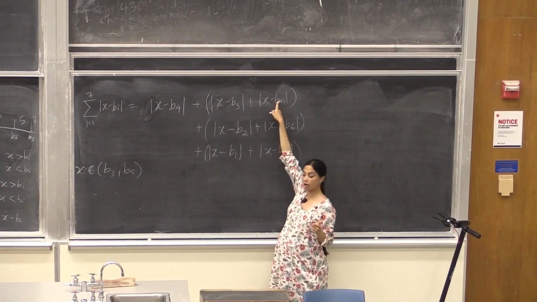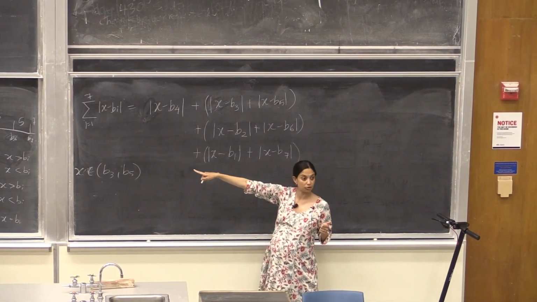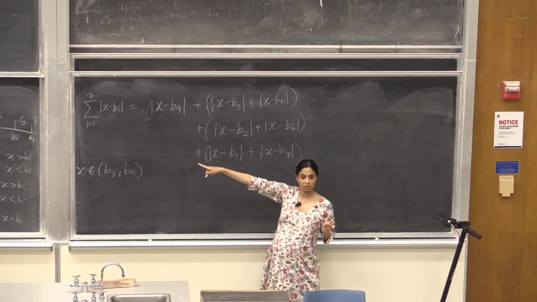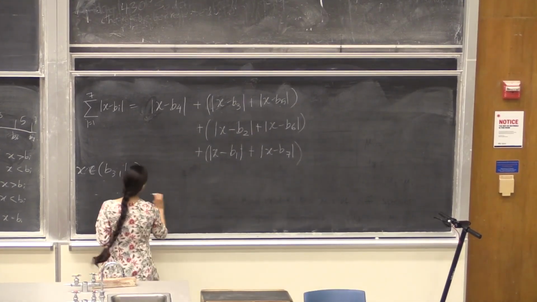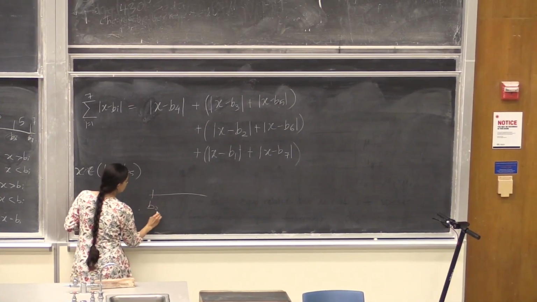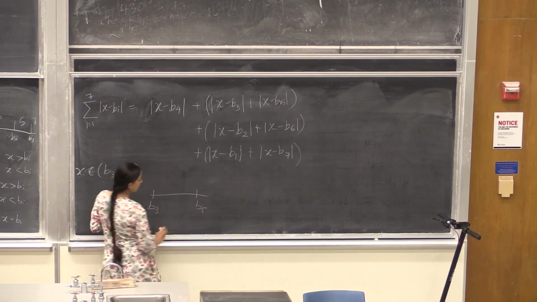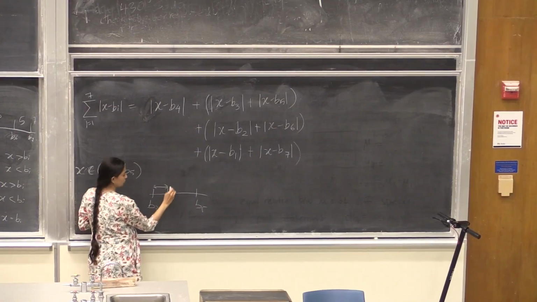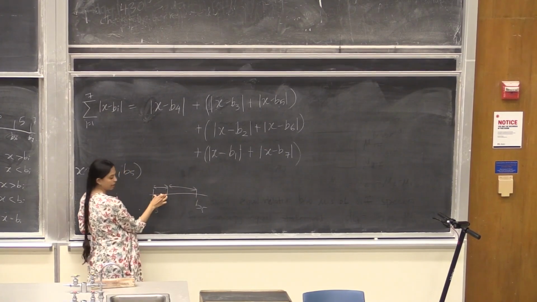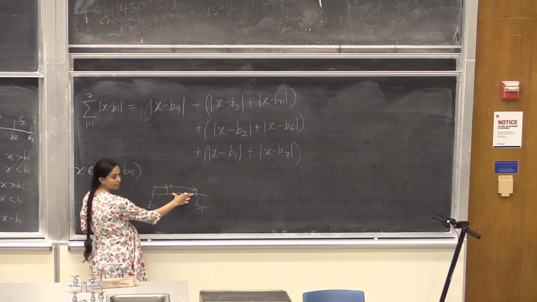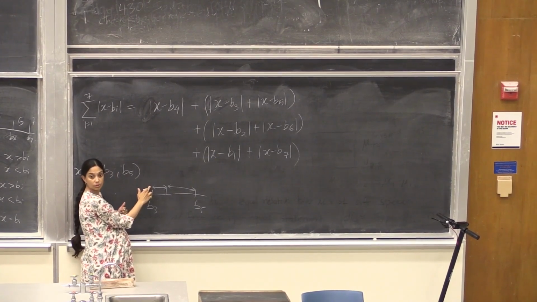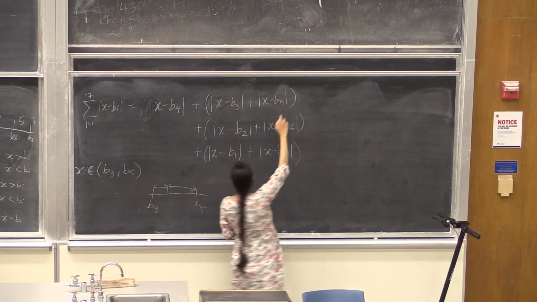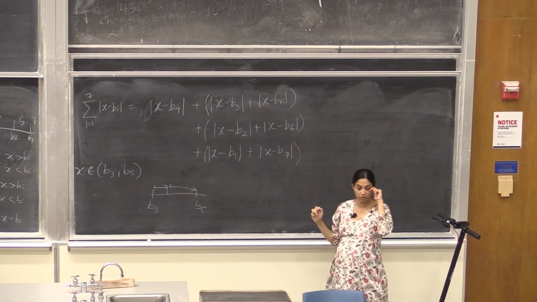It absolutely does not. We argued that in the 2-point case. As long as I'm in between b3 and b5, x minus b3 plus b5 minus x is always going to be b5 minus b3, no matter what I do. So this term is always a constant for x in this interval.